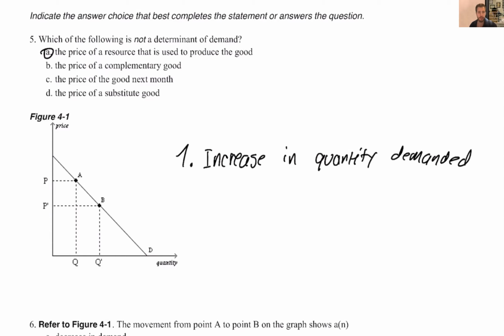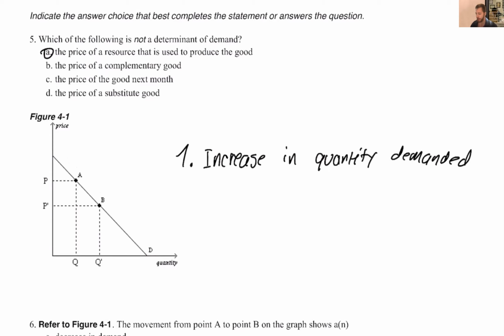One has to realize that a change in price affects the quantity demanded, not the demand. The demand curve would be a shift. That would be an increase in demand, but when a price changes, that is an increase in quantity demanded.